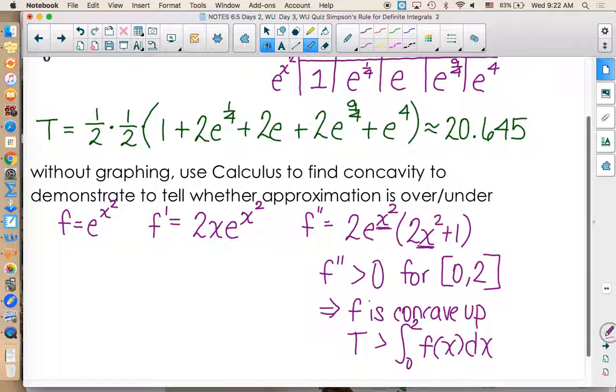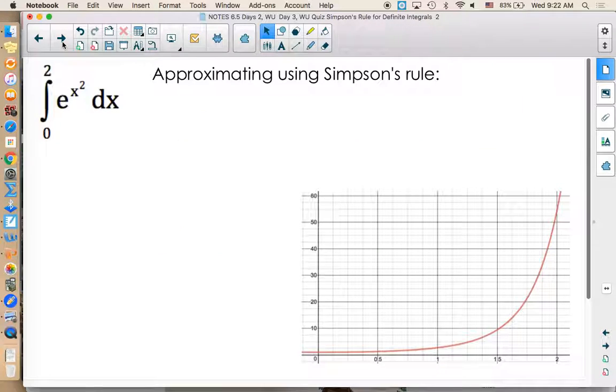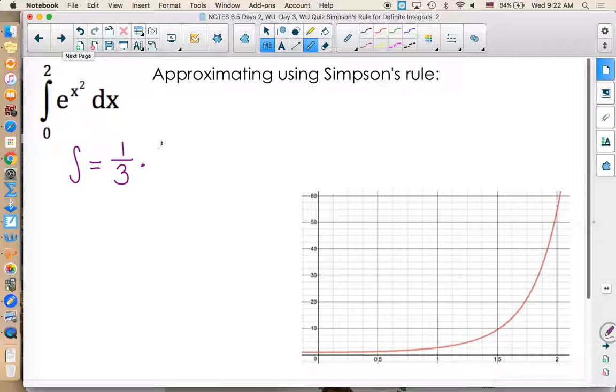Knowing that, we're going to switch over and use Simpson's rule then to approximate it because it is pretty curvy. So Simpson's rule should get us closer. With Simpson's rule, we're going to break it into 4 subintervals as well. So when we break Simpson's rule, we're going to get that the S that stands for Simpson's rule, that's not an integral. 1/3 is always in it. 1/2 is the length of each of our subintervals.